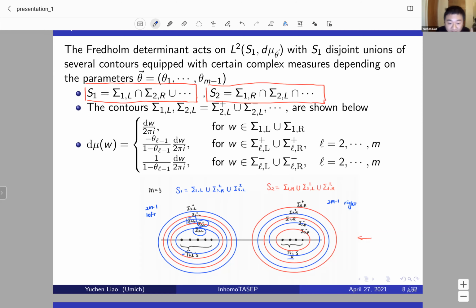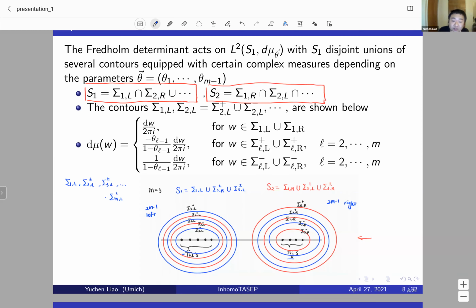Going outwards, the other ones are reversed: sigma 1 plus, sigma 2 plus, sigma 3 plus, and so forth. So the left contours are sigma 1 L, sigma 2 L plus or minus, sigma 3 L plus or minus, going all the way up to sigma m L plus or minus.